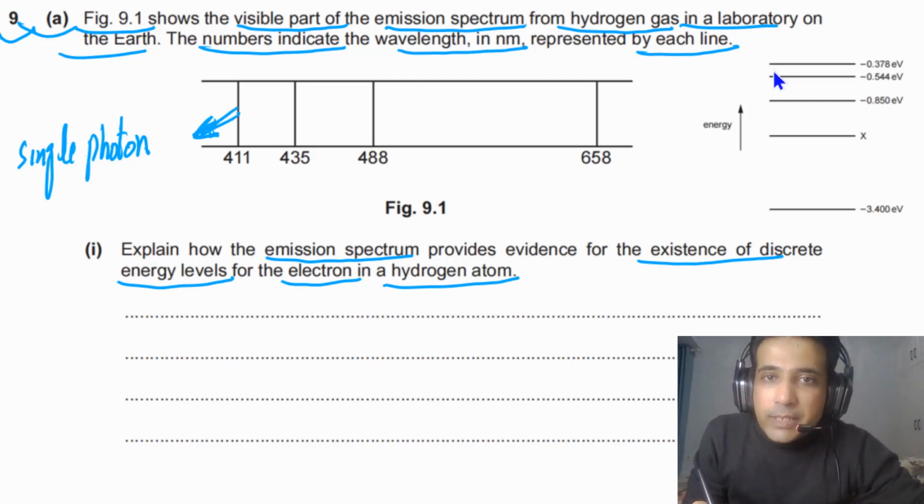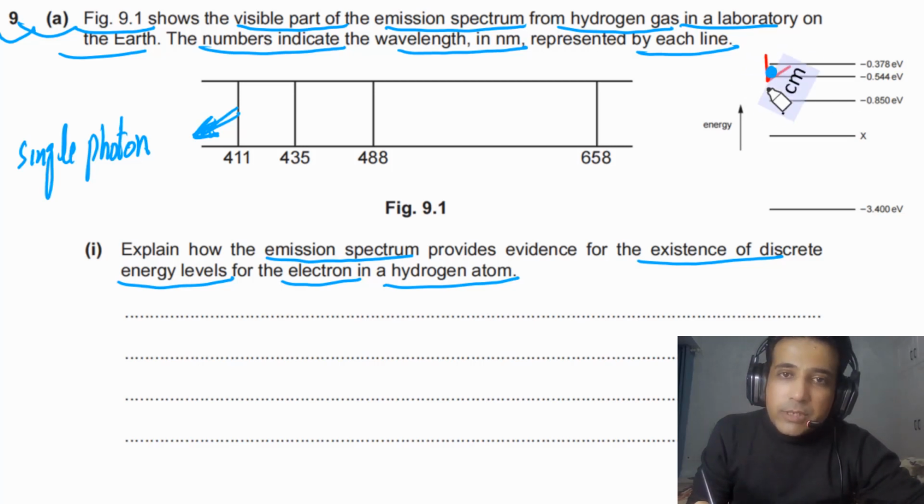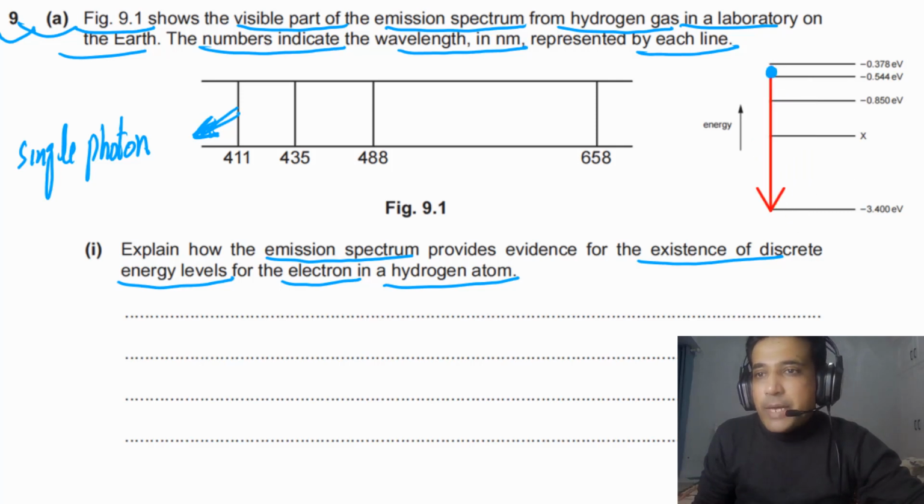Now we need to understand: if there is an electron in an excited state, imagine that electron is in this higher energy level, which is the excited state. This electron will jump back to the ground state. When it jumps back to the ground state, it will emit a single photon.